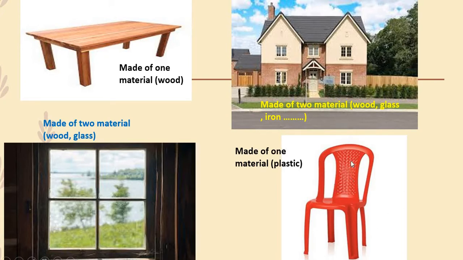Yeah, it's made from one material, which is plastic. Okay, what about this window? Is it made of one or more than one material? Yeah, it's made of two materials, which are wood and glass, right? Okay, so an object may be made of one material or more than one material.